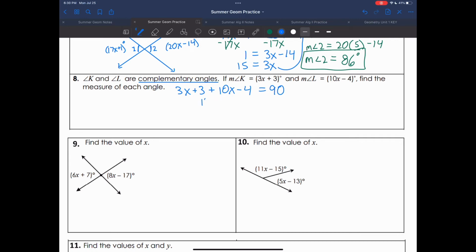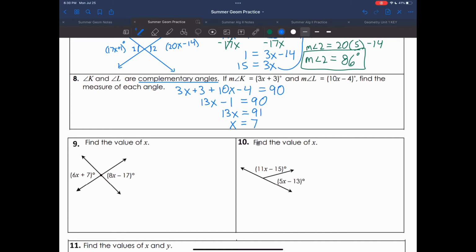So that's going to give me 13x. I have 3 minus 4, so that's going to be a negative 1, equals 90. And then I would add the 1 to both sides, so we get 13x equals 91, and then we're dividing both sides by 13. So 91 divided by 13 is going to give me a positive 7.